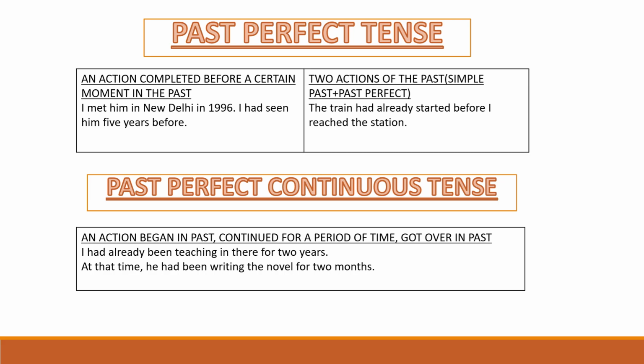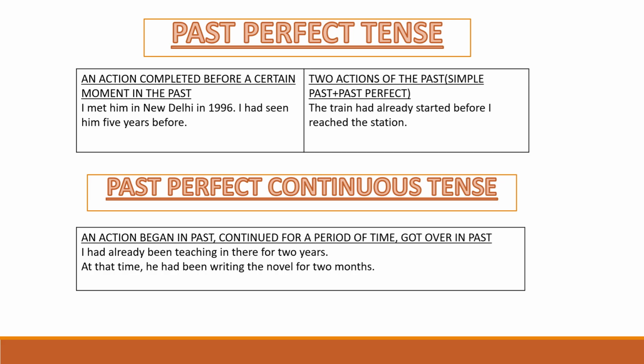This is the difference between present perfect continuous tense and past perfect continuous tense. I just want you to recollect the things which I have discussed with you in the last video about present perfect continuous tense. Present perfect continuous tense, you mark here, is used when any action we have started in the past and still going on.